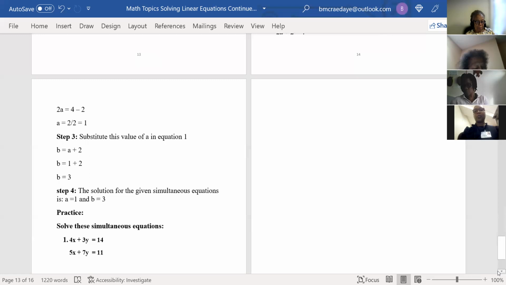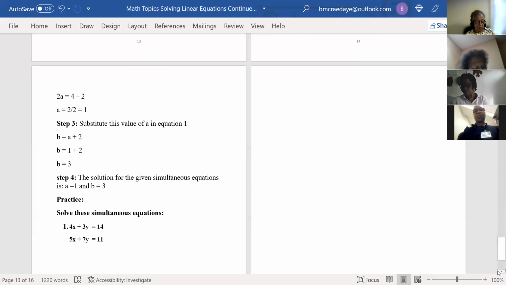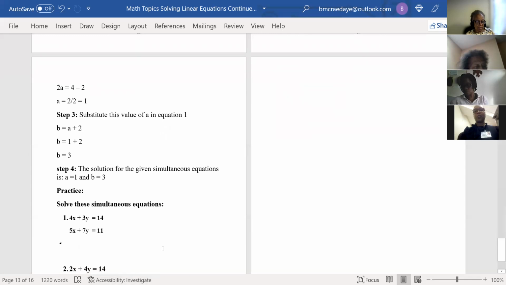Now, here's one here. This is a simultaneous equation. Now this one, notice you don't have any variables and coefficients in common for the two equations. So this one, try the elimination method.